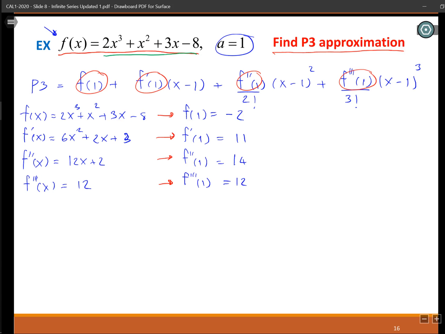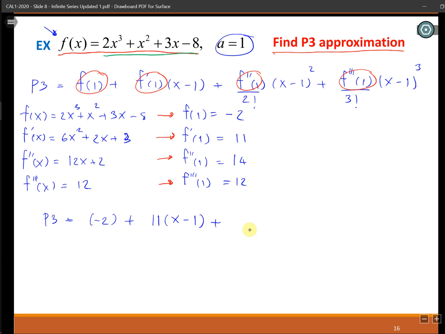So what we need to do here is just to put these numbers into the formula. So we have this P3 equal to minus 2, the first term, okay, plus the first derivative, that is 11, times x minus 1, plus the second derivative divided by 2 factorial.